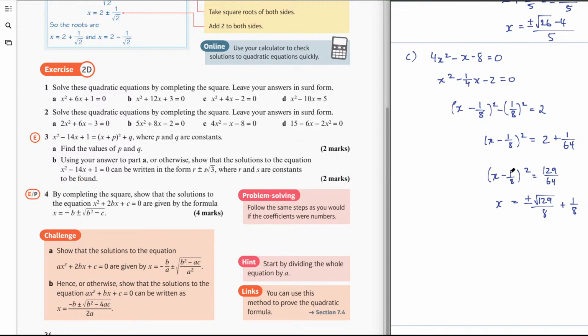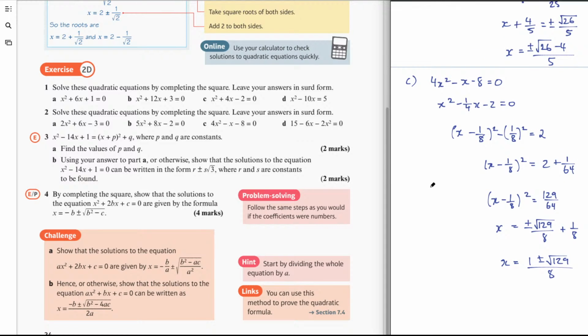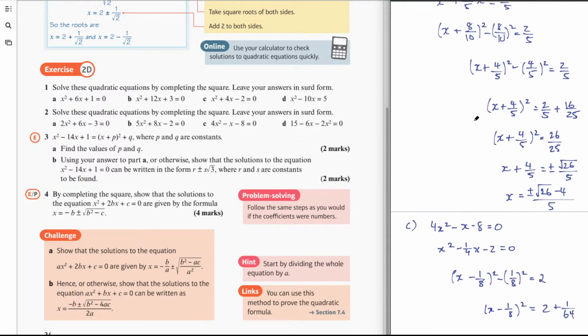So I took the square root, added that 1/8 to the right hand side, and then I get x equal to, writing it around the other way, 1 plus or minus the square root of 129, on 8. Okay, so that was questions 1 and 2.